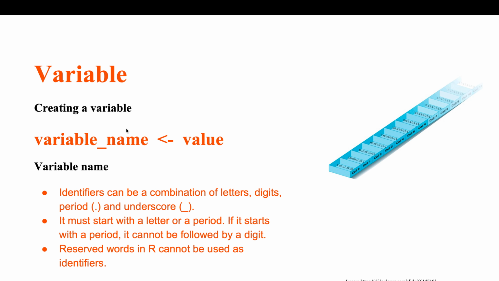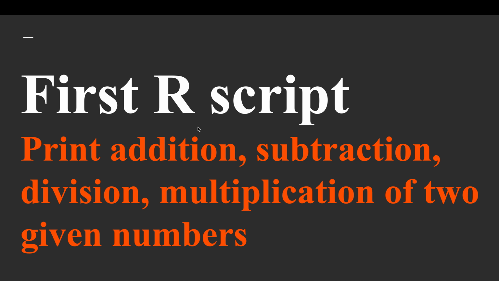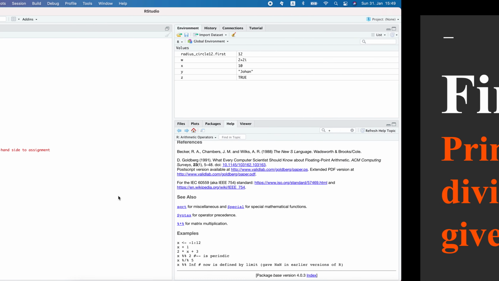So now we are done with how to create a variable, and now it's time to write our first R script. What we are going to do is write a simple script that will print addition, subtraction, division, and multiplication of two numbers.